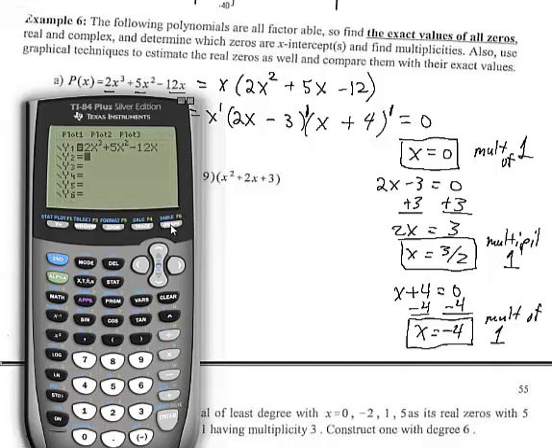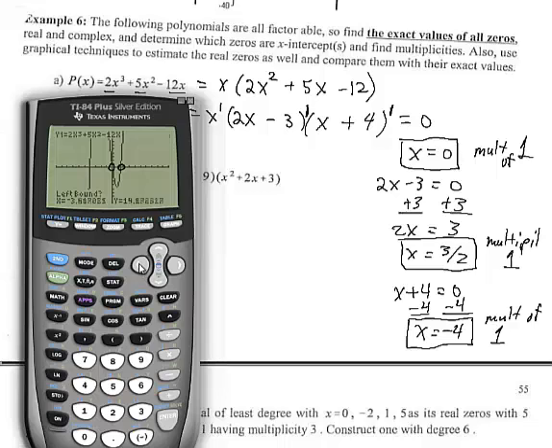Enter. Graph. And here we see our 3 zeros. I will calculate this first one, and I'll leave the other ones up to you. Second, calculate, zero.